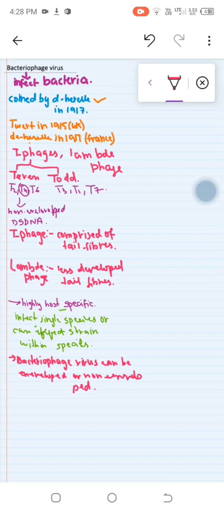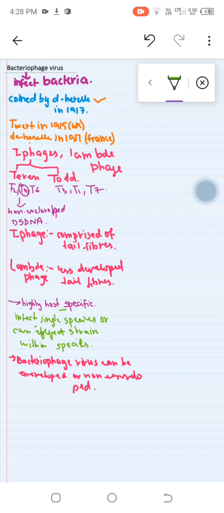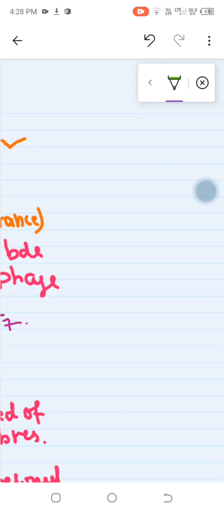As I told you, the discovery was done by two scientists independently. Their observation was that bacterial colonies were suddenly undergoing lysis.